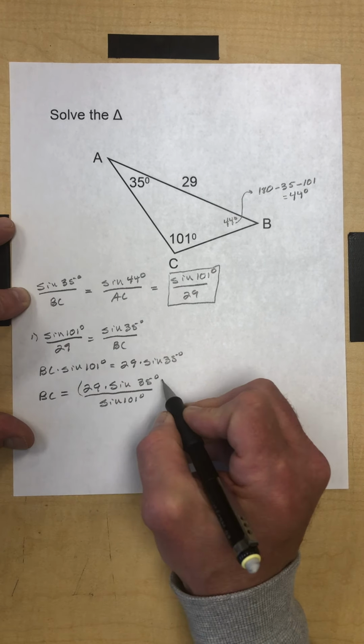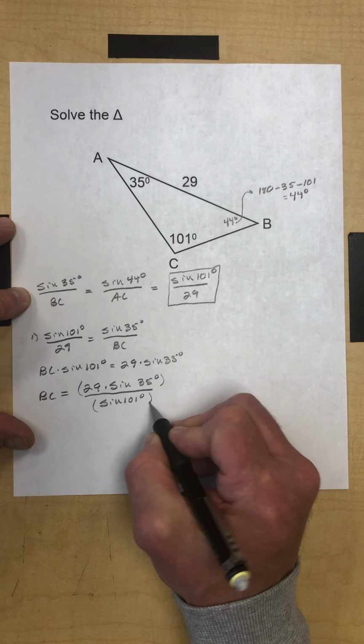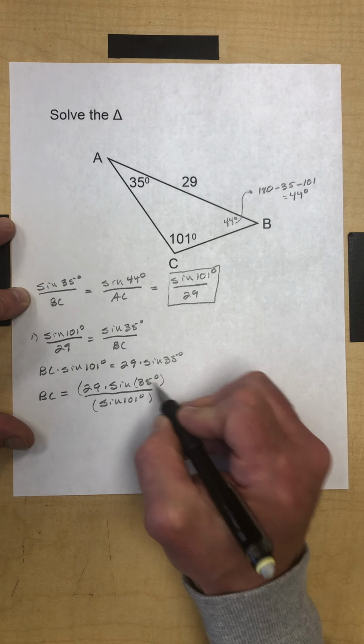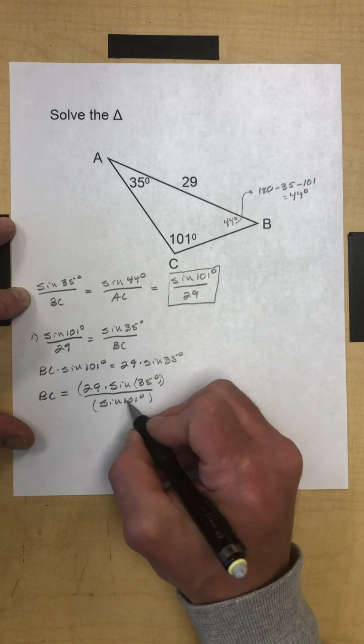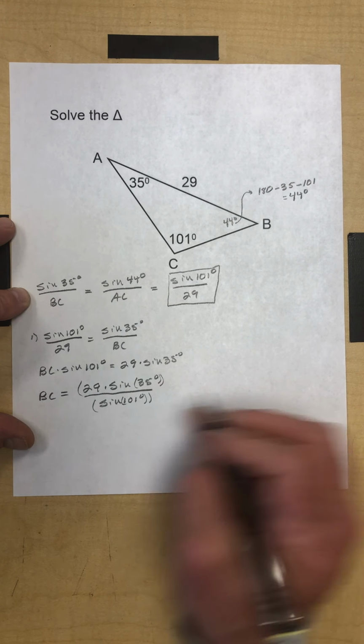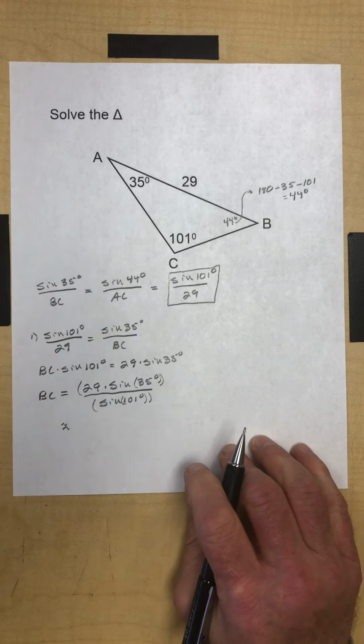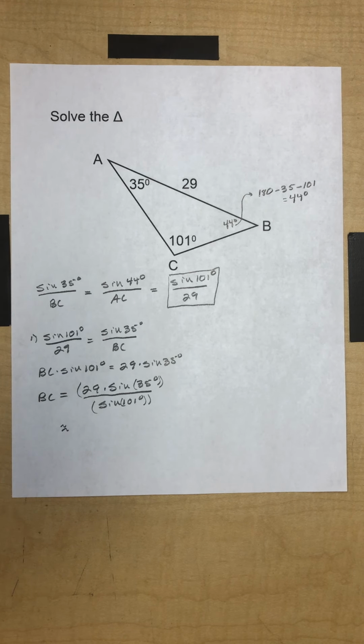We're going to punch that into our calculator, so we put our parentheses in there just like I showed you yesterday. We have a set of parentheses around the 35 and a set of parentheses around the 101. So I have parenthesis 29 times the sine of 35, close parenthesis, divided by parenthesis sine of 101, close parenthesis, and hit enter.